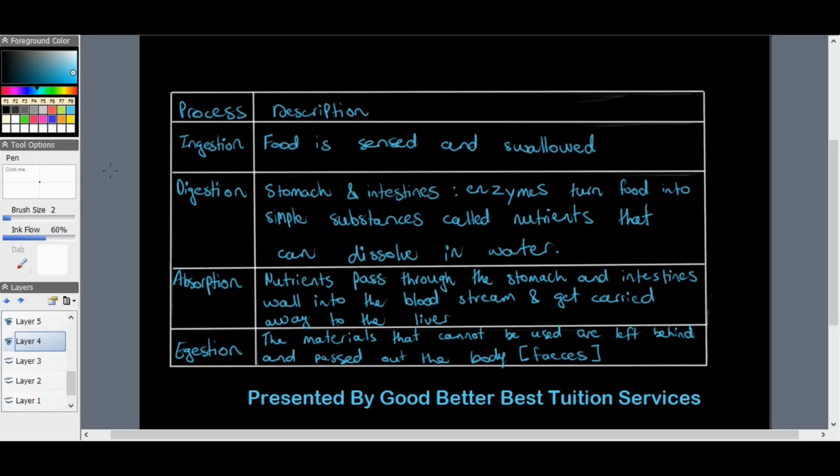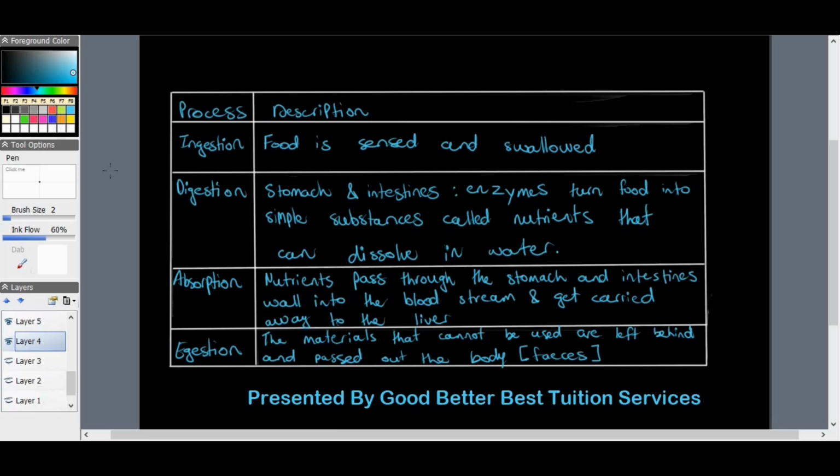First process, of course, is ingestion. As I explained, we're looking at the diagram where the food is sensed in the mouth, and then it is swallowed down through the esophagus, and it will start entering the stomach and through the small intestines. And then we're leading to the second process, which is the digestion process. Now, ingestion is a very short process. Digestion is the longest process.